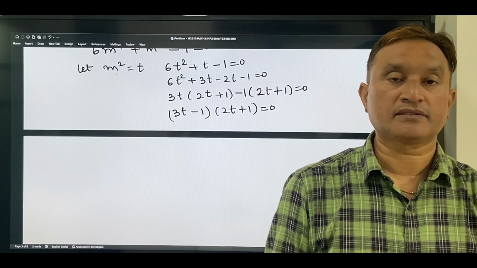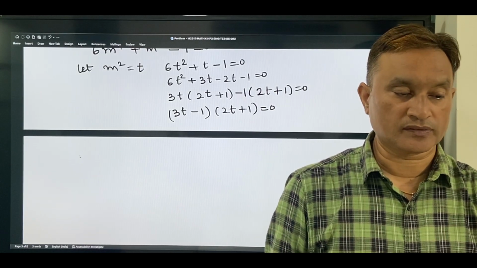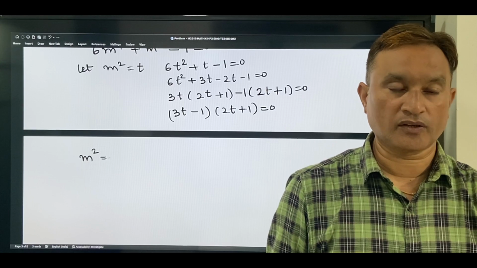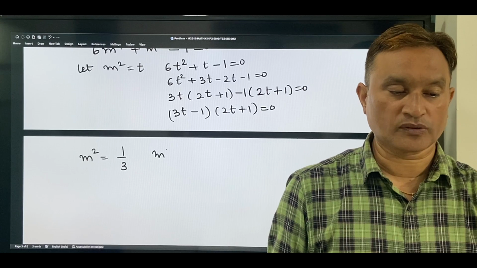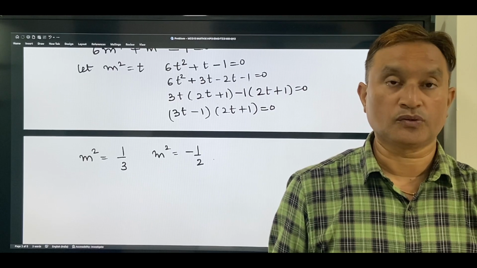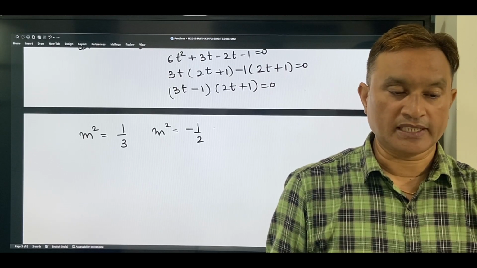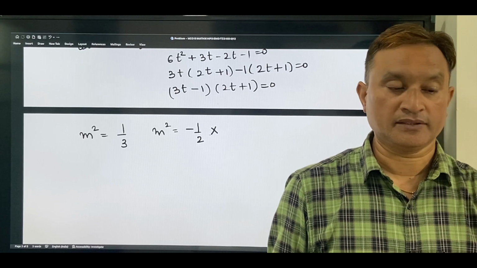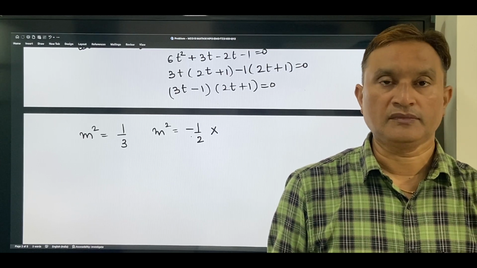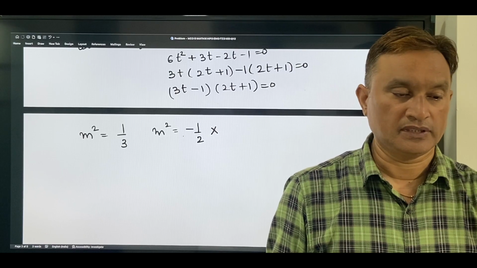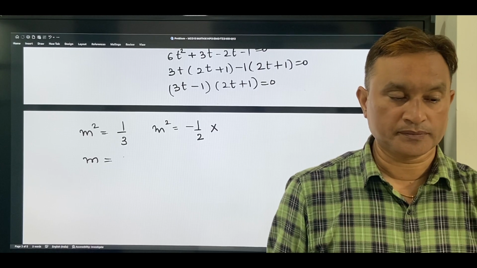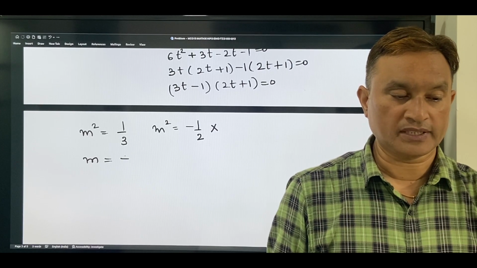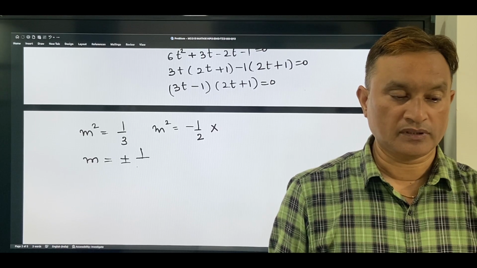So as we know that t is equal to m square, so we can write here m square equals to 1 upon 3 and m square equals to minus 1 upon 2. So minus 1 upon 2 we cannot consider because square root of negative number is not possible. So we will be getting here m equals to plus minus 1 upon root 3.